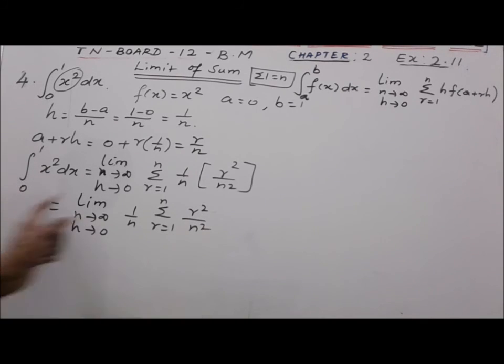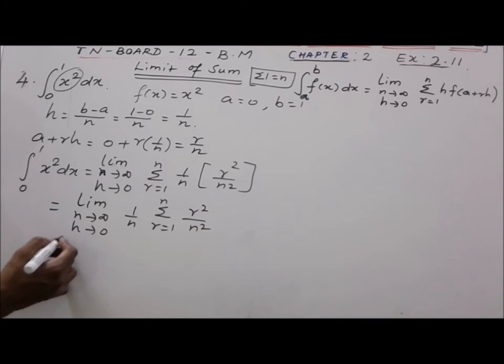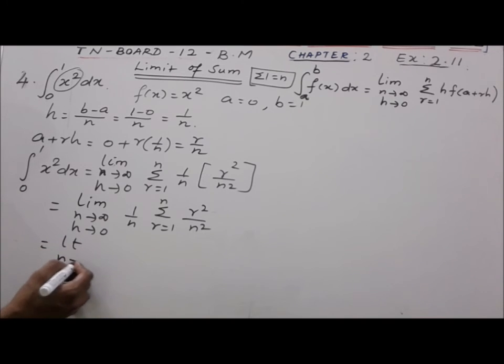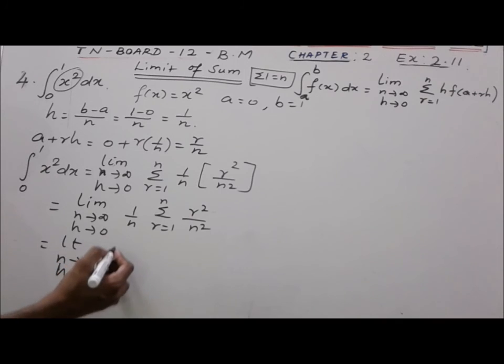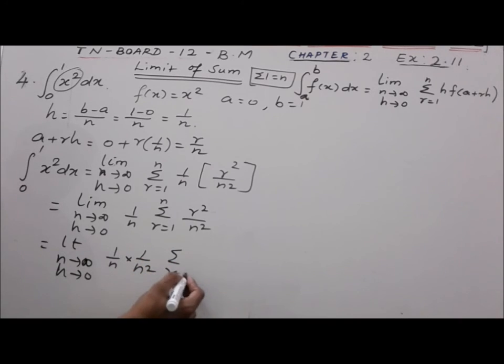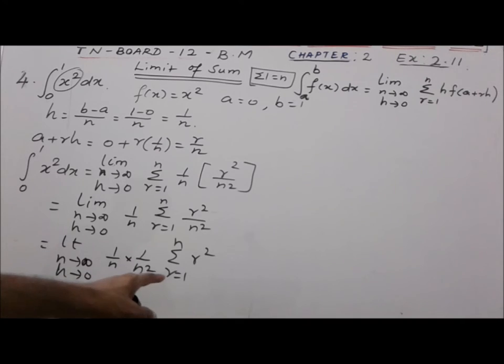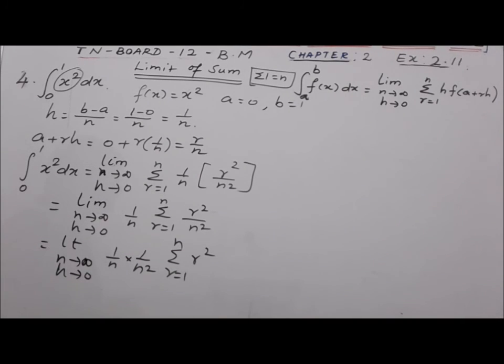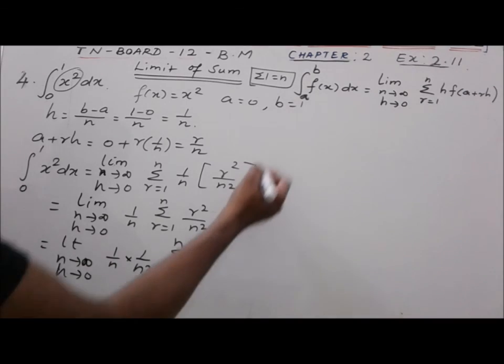Now 1 by n square is a common constant, taken out: limit n tends to infinity, h tends to 0, 1 by n into 1 by n square, sum of r equal to 1 to n, r square. We have the formula sum of r equal to 1 to n, r square as n into n plus 1 into 2n plus 1 whole divided by 6.